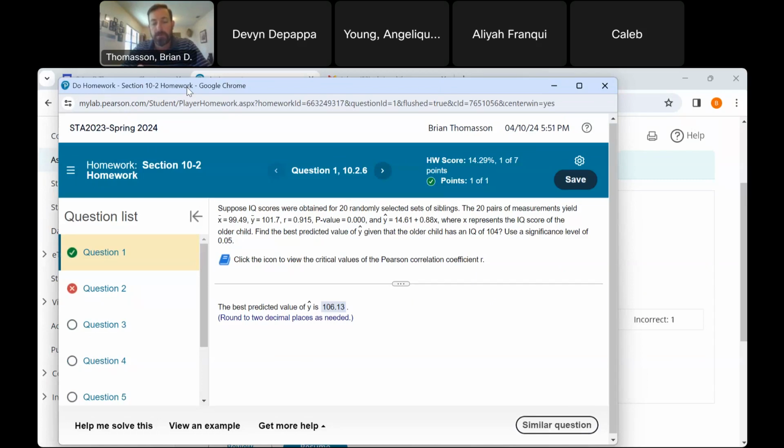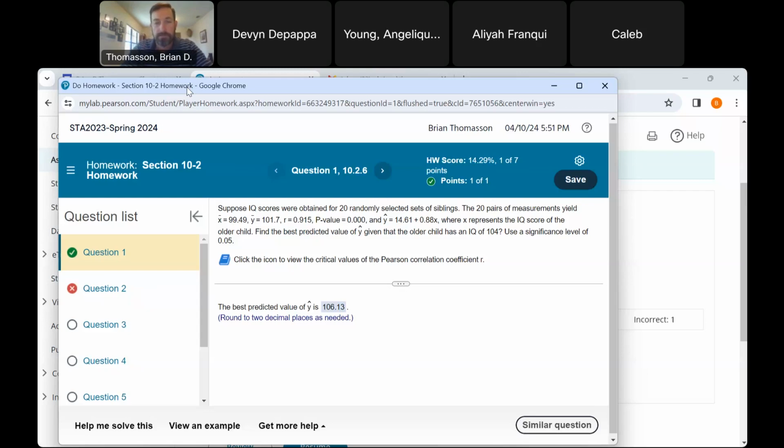Basically they're comparing the IQ scores of these sets of siblings and seeing if we can predict one sibling's IQ from the other. Assuming they have the same genes, they should have relatively close IQs. That's what they're thinking here.